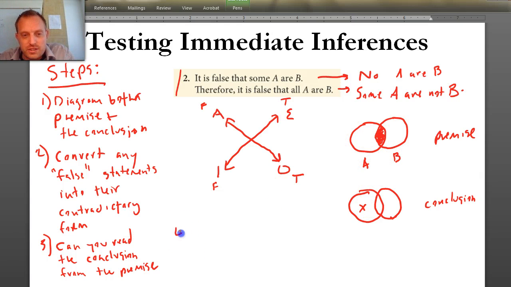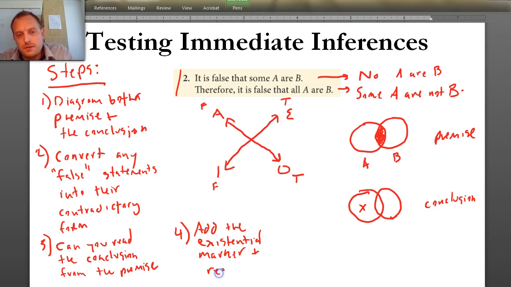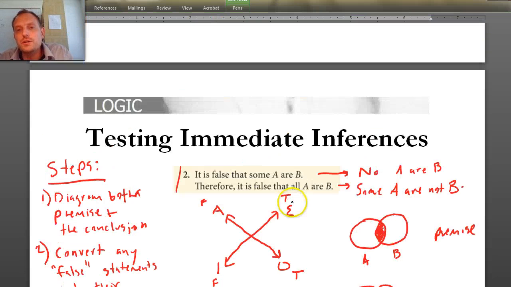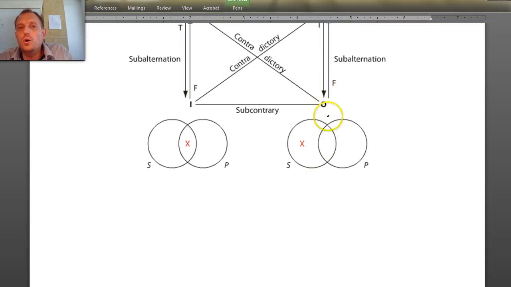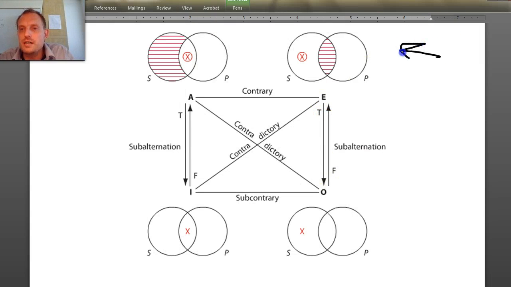So there's a fourth step here. The fourth step is add your existential marker and retest. Okay, so let me add the existential marker. That's the X with the circle in it. And remember, if we go up here, the existential marker only happens in universal statements, right?